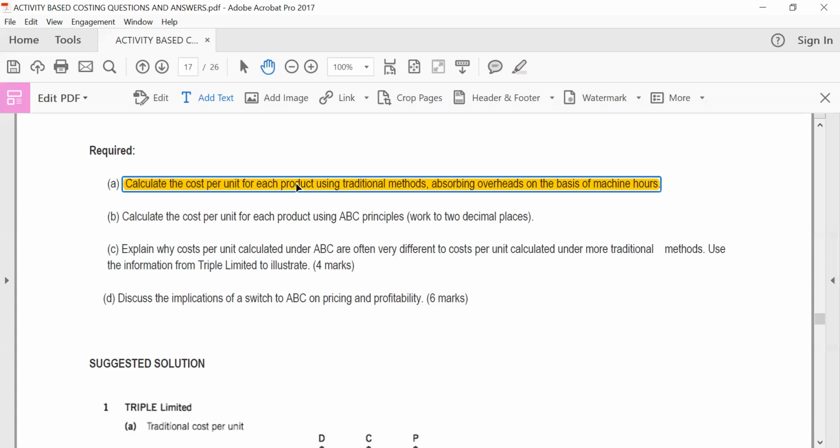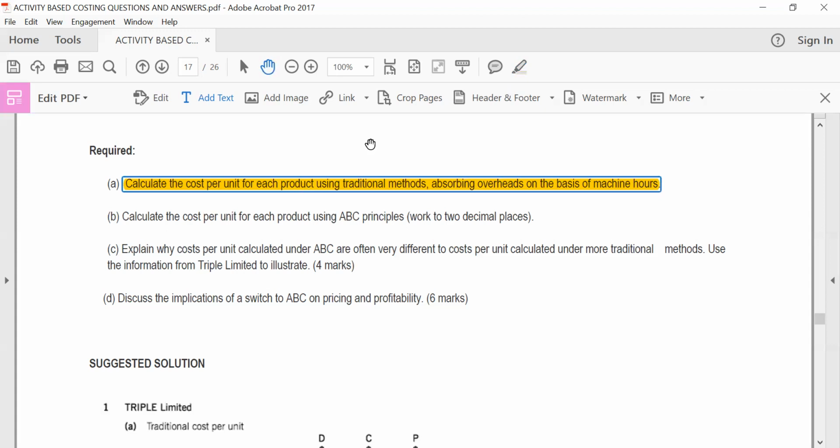So when the examiner talks about using traditional method, he's strictly talking about absorption costing. So calculate the cost per unit of each product using traditional methods, absorbing overheads on the basis of machine hours. And we stated clearly that all the time, absorption costing and marginal costing tend to look at either machine hours or labor hours as a basis of absorption.